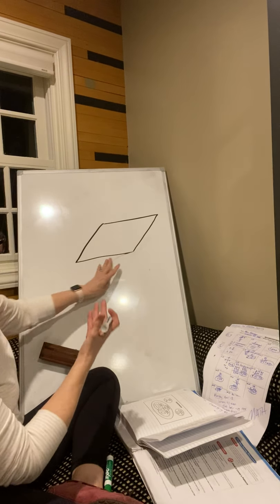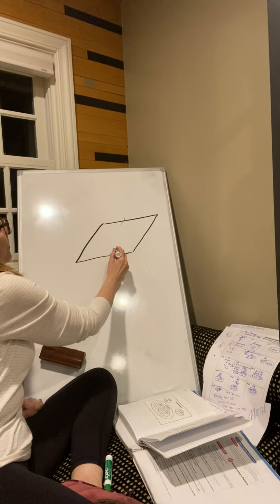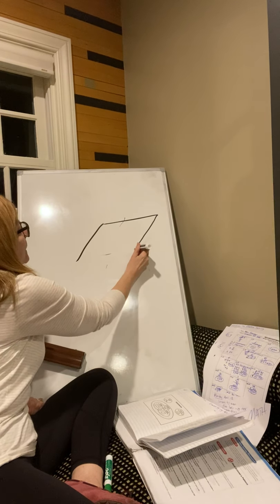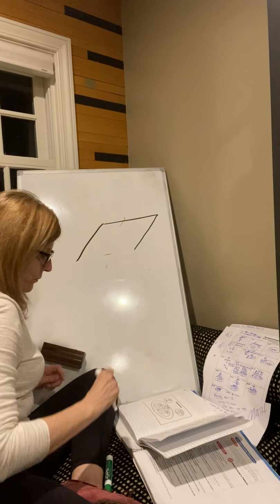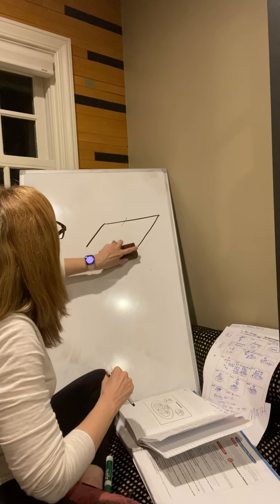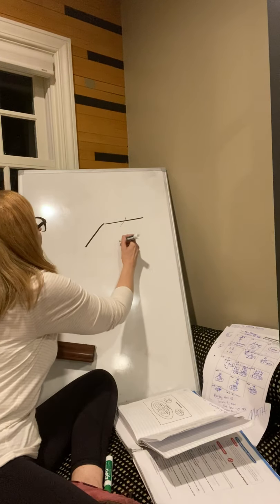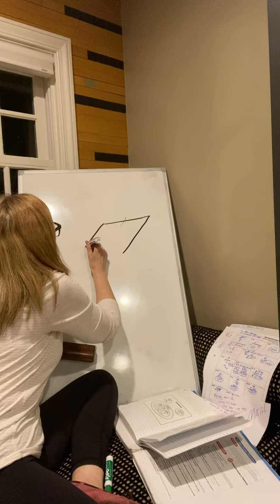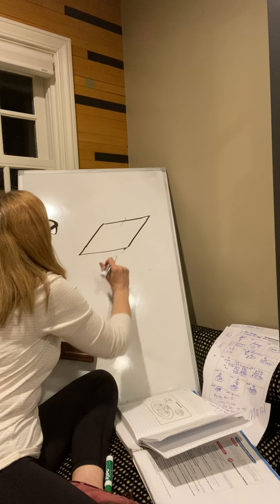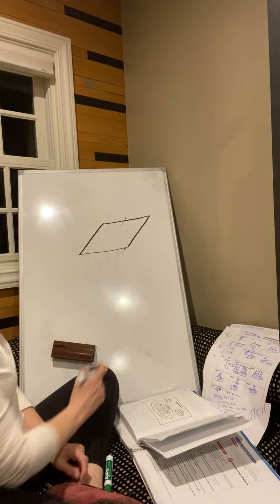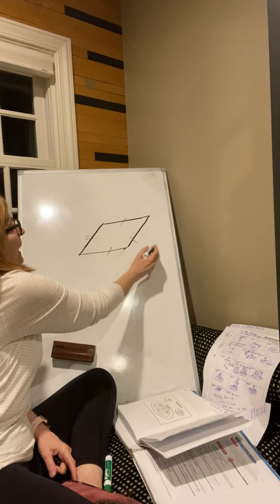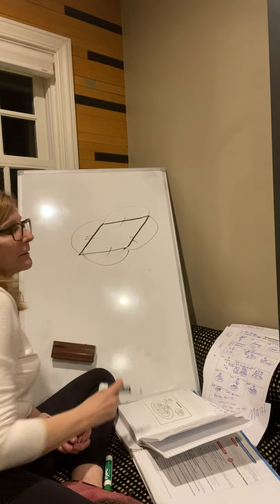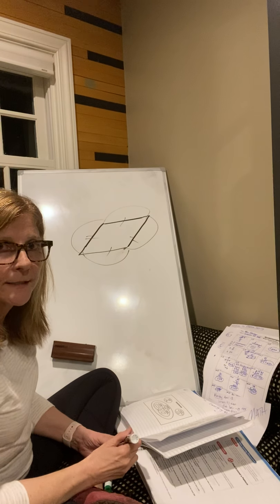Something like that. It has two pairs of equal sides. I didn't do a very good job of drawing that. Okay, there we go. Two pairs of equal sides, and all the sides have to be the same length. That makes it a rhombus.